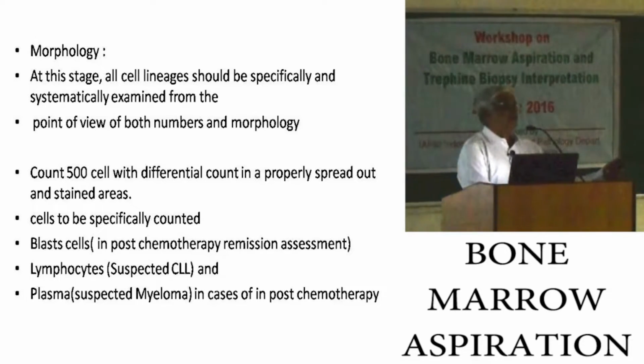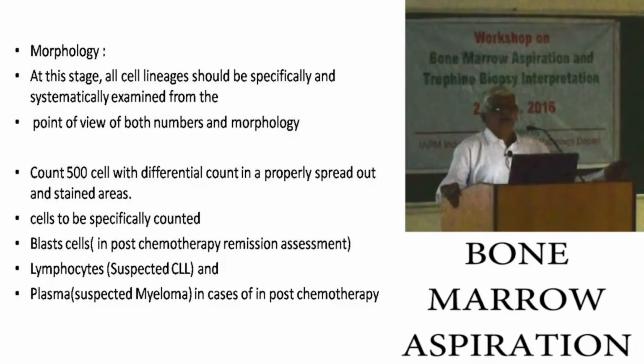But most of the authorities agree that you count the mature cells also along with that, and not only eosinophils, neutrophils and basophils, but monocytes should be counted in the myeloid series. That is the dictum given by the majority. Of course, blast cells and all differential count is to be done.